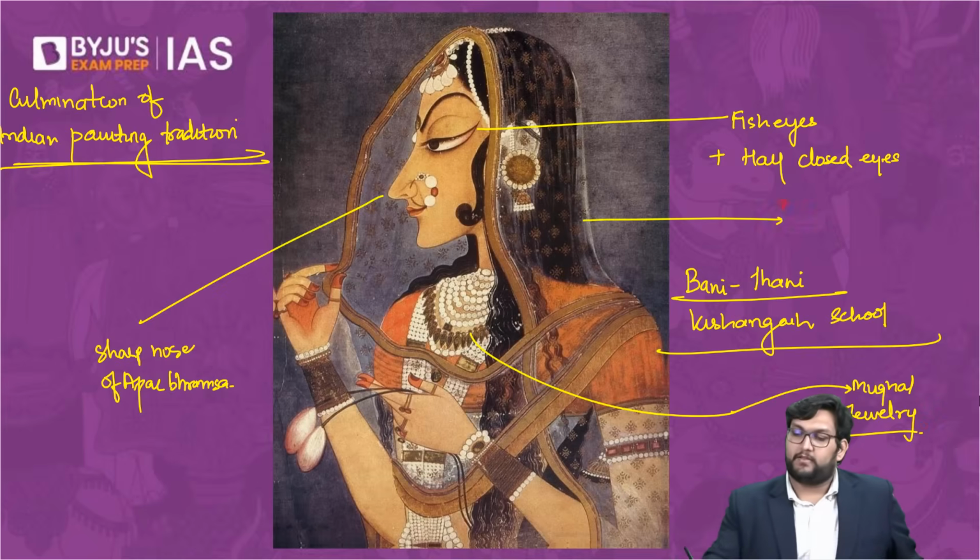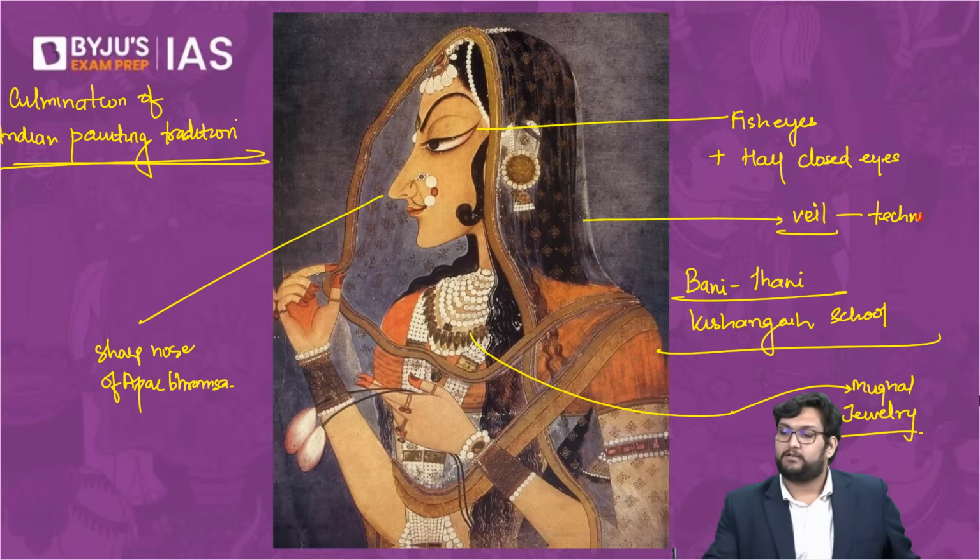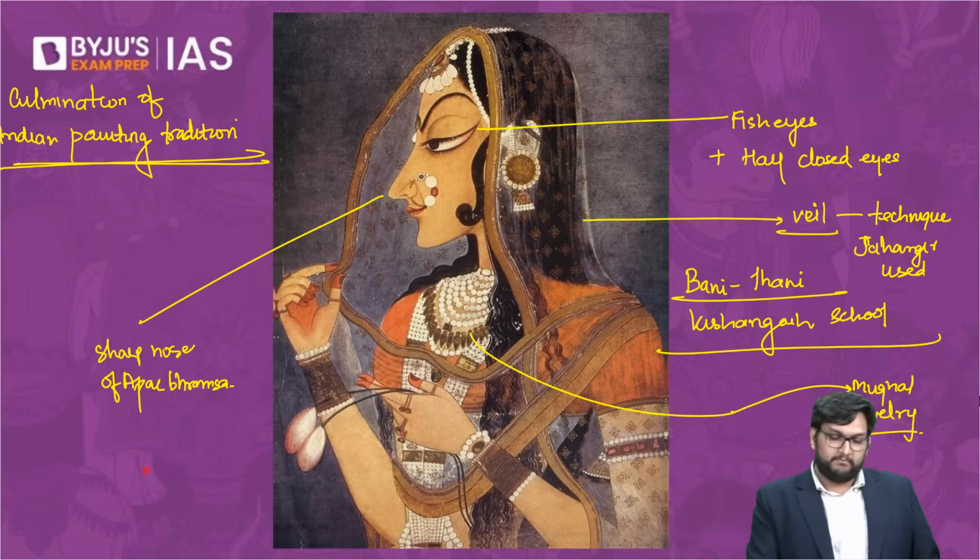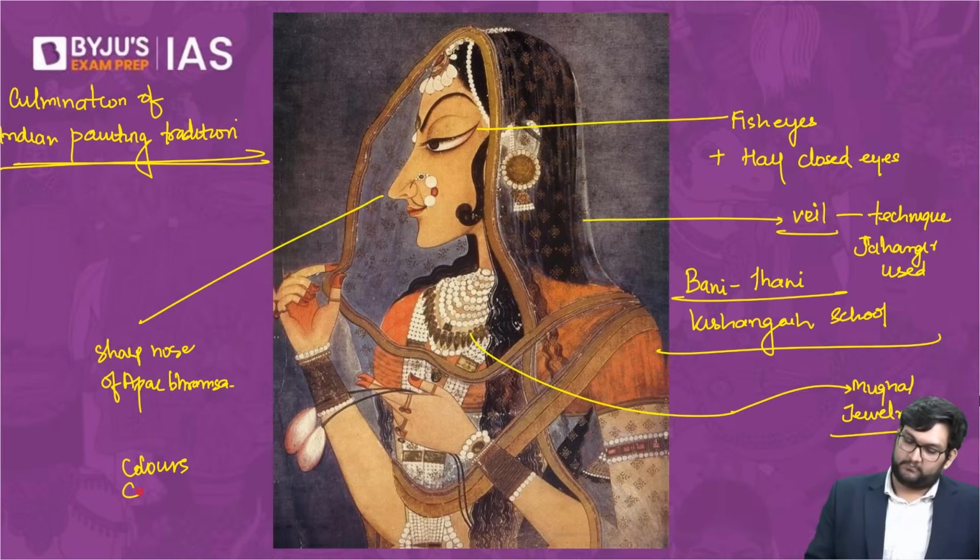Thereafter, the veil is shown in such a way that you can see through it. This is a technique used under Jahangir. And the color scheme is Rajasthani.